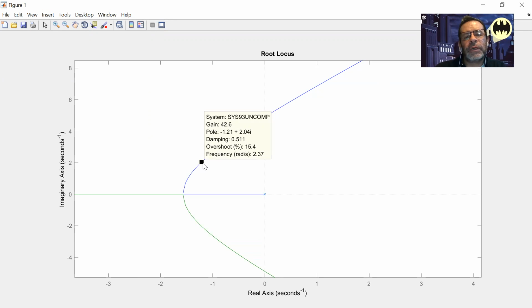So we can look for it here in Matlab. For example, for 15.9, I'm going to leave it at 15.9.